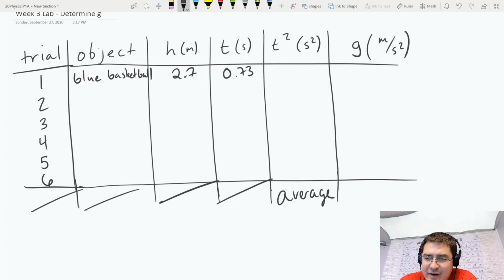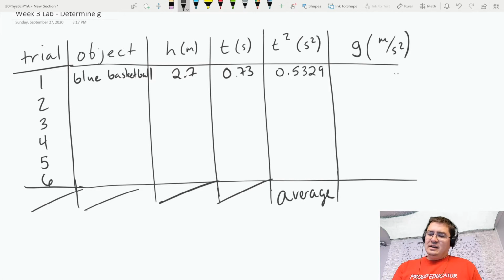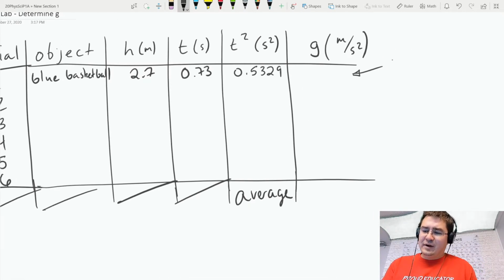So now I need to calculate G. To do that, I need to square my time. So I'm going to take on my calculator 0.73 times 0.73. I'm going to write down it's a smaller decimal, 0.5329. And then to get G, I need to use my formula from the previous page. So it's 2h divided by t squared.